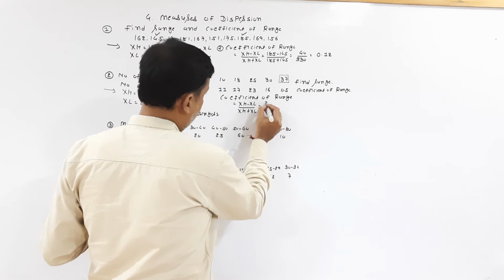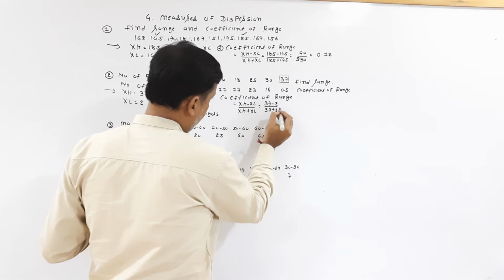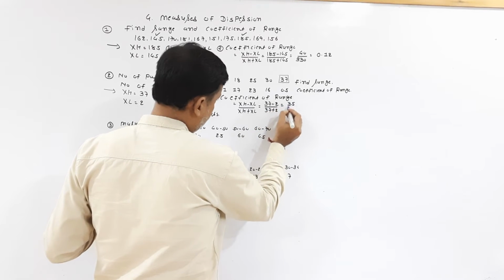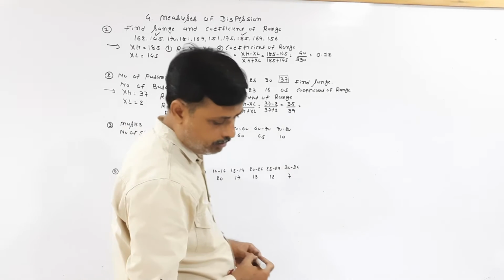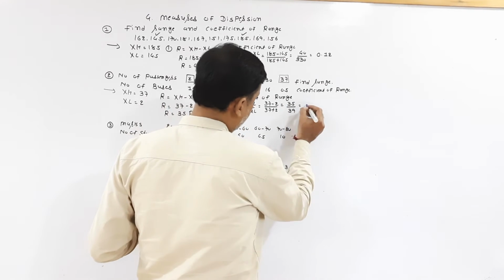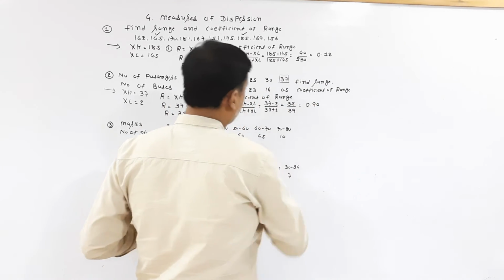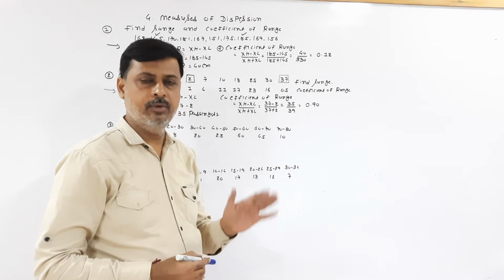XH means 37 minus 2 upon 37 plus 2. 35 upon 39, that is 0.90. So coefficient of range, or you can say relative of range.